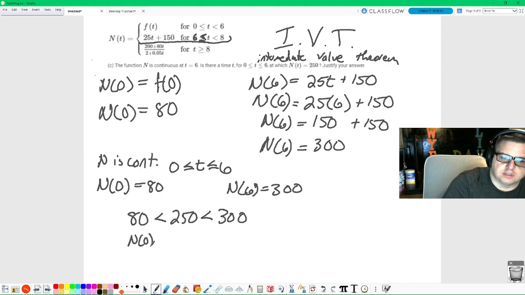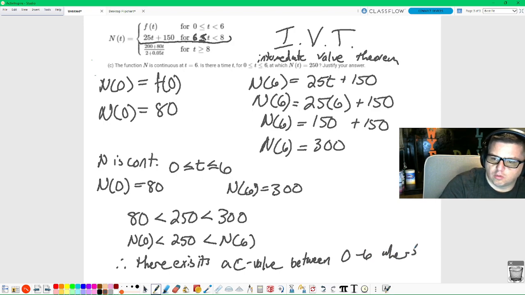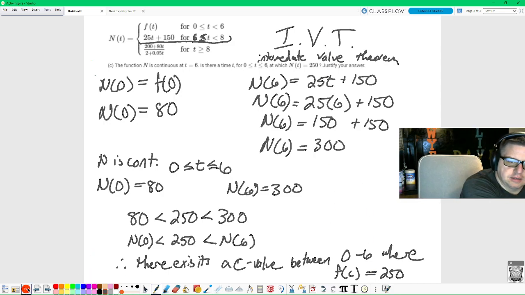And n of 0 is less than 250, is less than n of 6, or there exists a C value between 0 and 6 where f of C equals 250. And that is building our IVT.